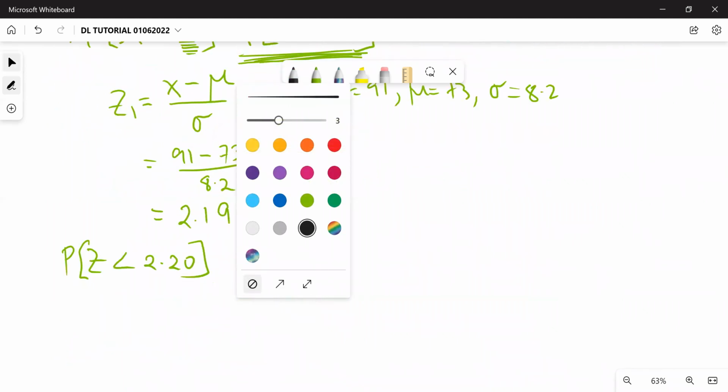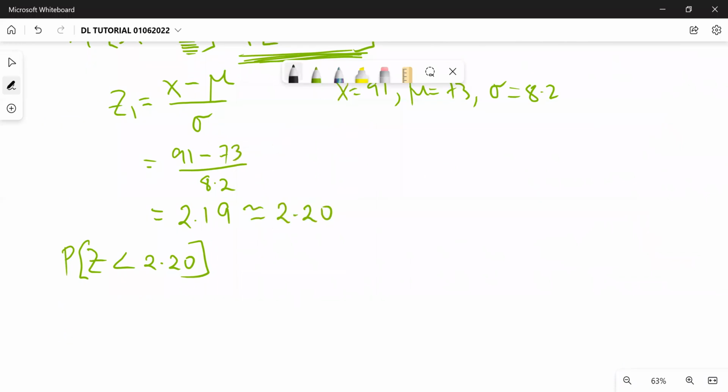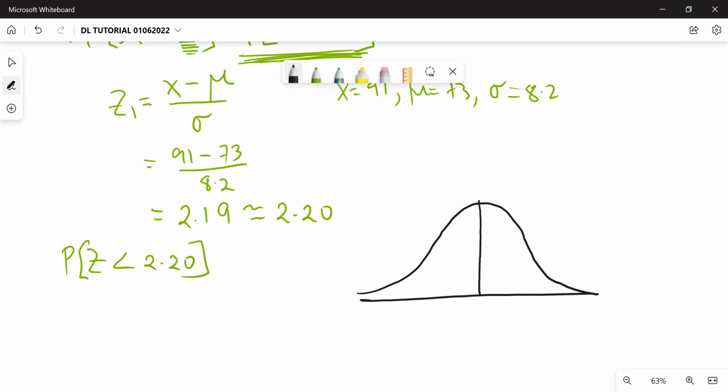Using our famous sketch, we are looking for this. Zero is always at the center. These are positive numbers, so it will be somewhere up there. And we talk about the probability that Z is less than that value. So we talk about this area below, everywhere below there.